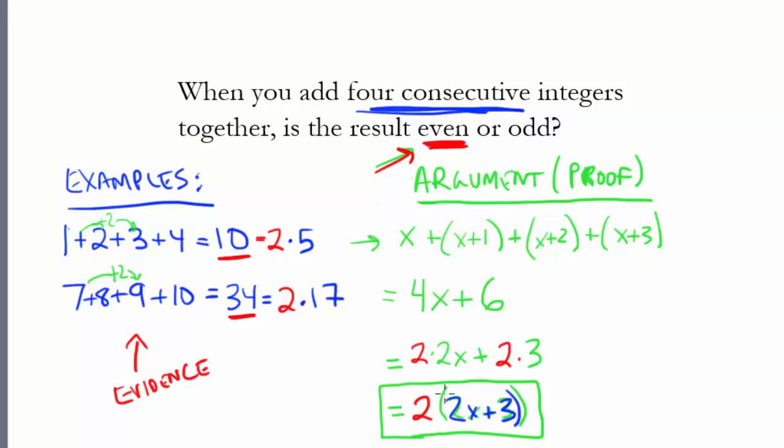It doesn't really matter what this thing is. It matters that there's a factor of 2. So in basically 3 lines, this is an argument that shows all possible examples, an infinite number of examples. No matter what 4 integers you add together, the result is always going to be even.